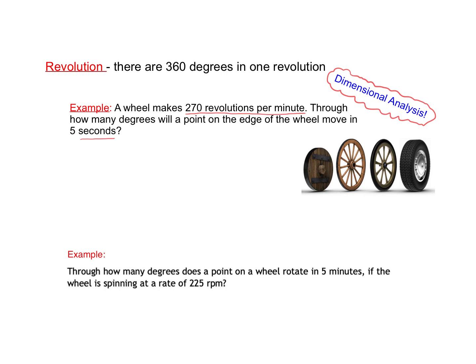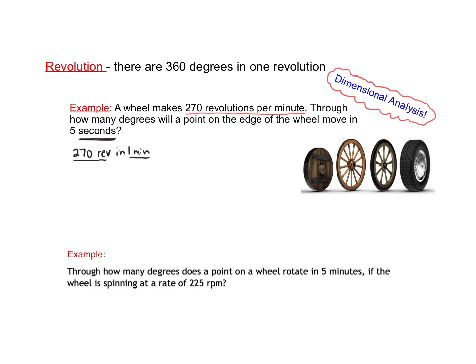One of them is that 270 revolutions for every minute. So I'm going to write my conversions over here. I'm going to have 270 revolutions in 1 minute. That's one conversion. Notice that because I have seconds that I'm going to have to work with, I'm going to have to do some converting with our time units.